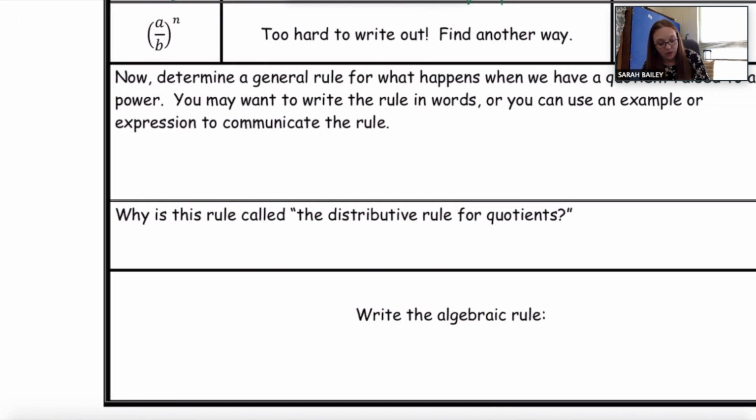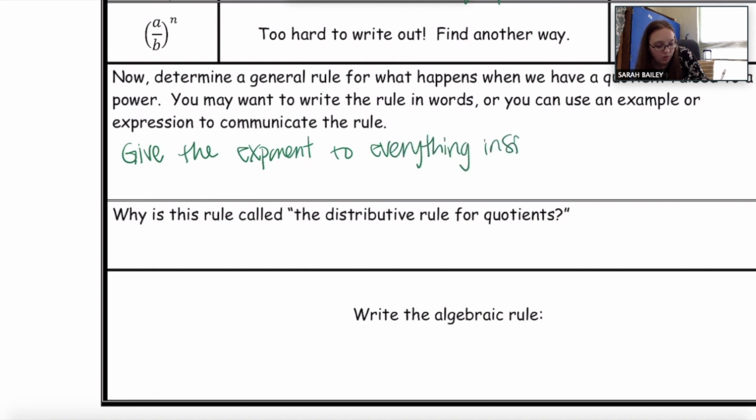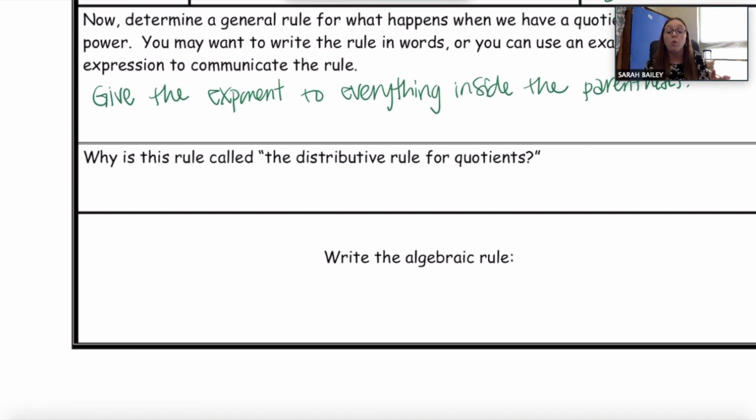So that's what we're going to write here.